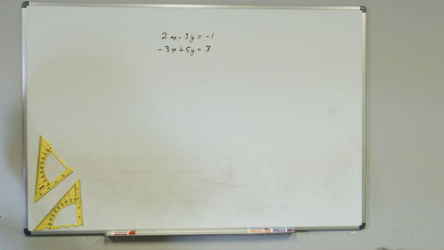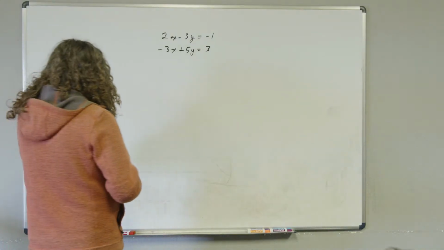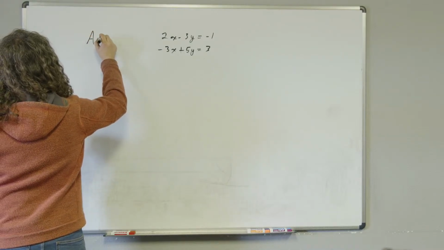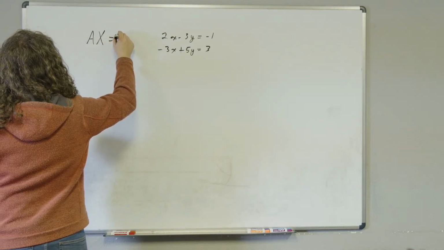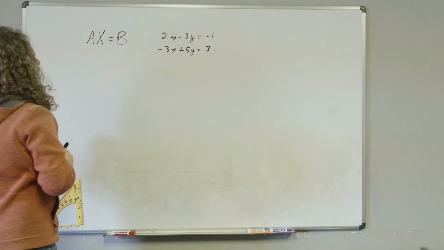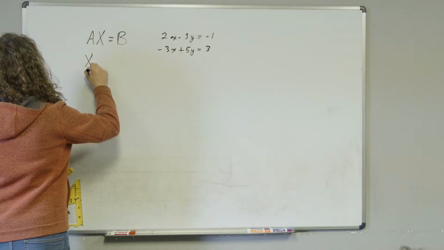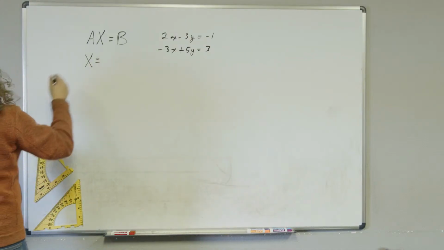So we are expected to solve this using inverses. Right. Alright. If we start out with this matrix equation and go to solve it, the solution would look like this.